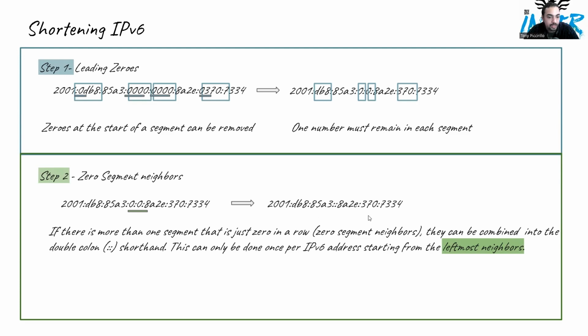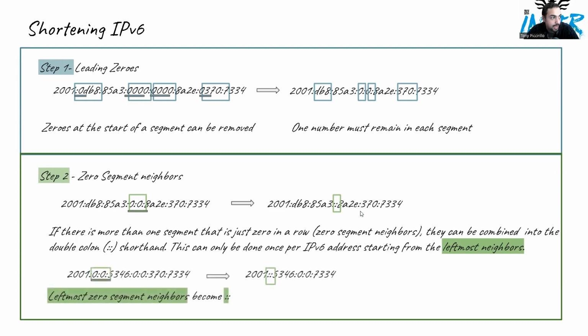So this is what our IPv6 looks like now that the leading zeros in the front are gone and removed, and the 0 segment neighbors are replaced. See, we replace the neighbors with the 2 colons. So notice that the leftmost 0 segment neighbors are replaced, but not the second set of 0 segment neighbors.